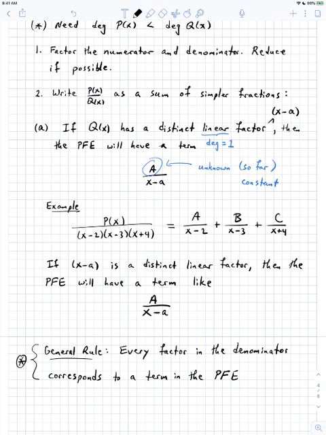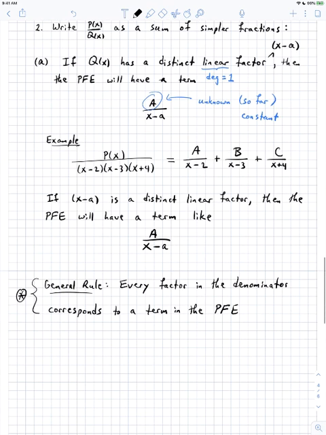And if it so happens that that factor in the denominator is distinct and linear, then the term in the partial fractions expansion looks like that. Constant over x minus 2, or whatever the factor happens to be.